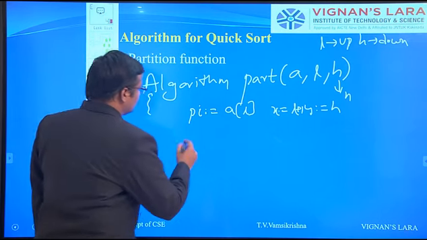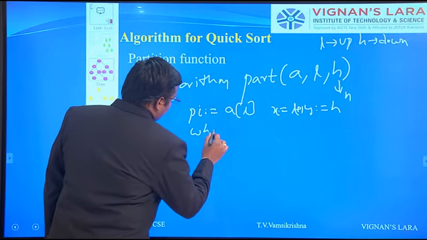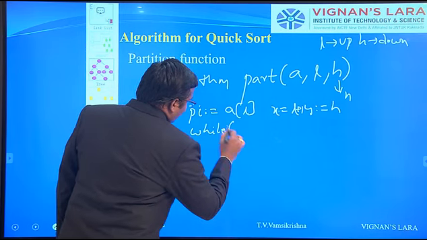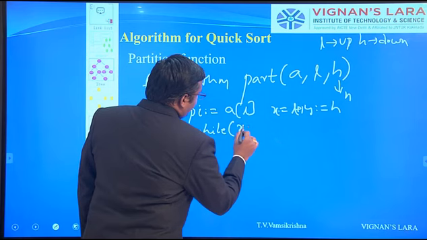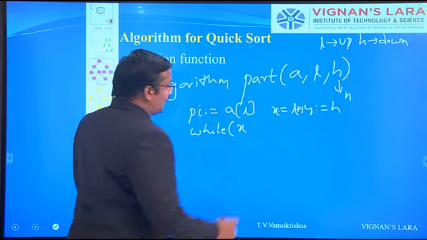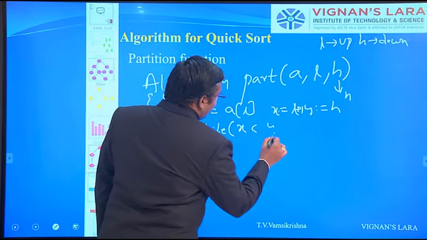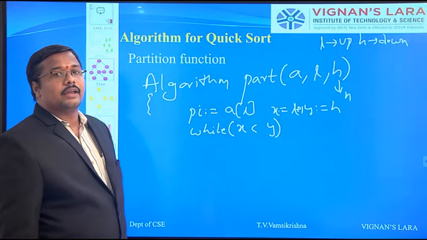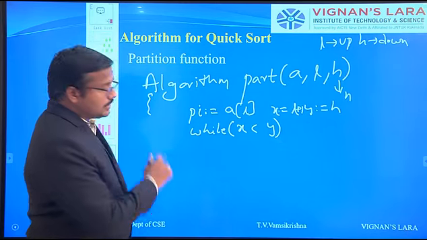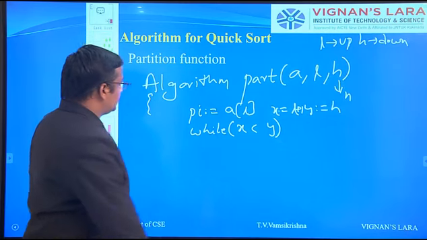So what do we have to do? I already told the condition: while X less than Y. Up to X less than Y, we are doing the operations.